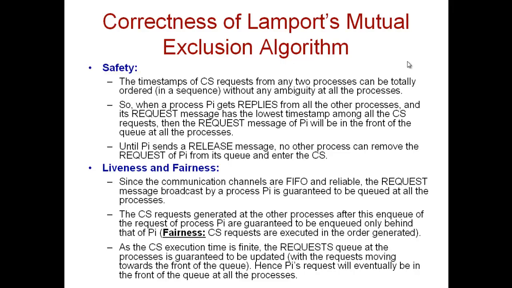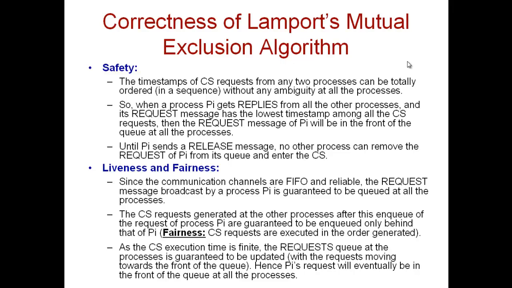Which means the request made by a process reaches every other process, and it gets enqueued. And since the requests are ordered in the increasing order of timestamps, definitely a particular process's request will move ahead in the queue with each request being completed, and at some point it will be in the front of the queue, and the process would have received all the reply messages and it can enter the critical section.